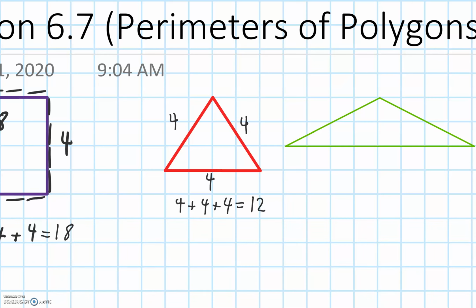But you might notice that each side is 4, and there are 3 sides, and that also equals 12. So what you can do is you can count up all the sides and see how much each side is and multiply those numbers.